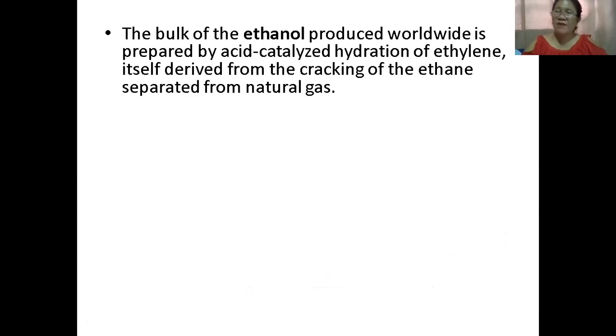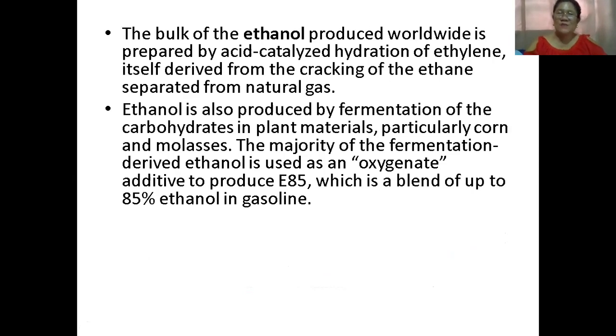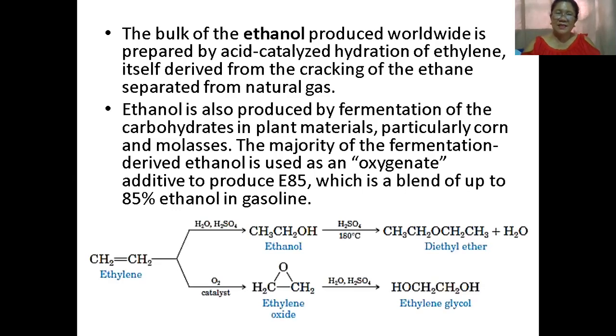As I have said, ethanol and isopropyl alcohol are different. Ethanol is from fermentation of sugar cane, while isopropyl alcohol is coming from the byproduct of gasoline. Okay, that's it here.